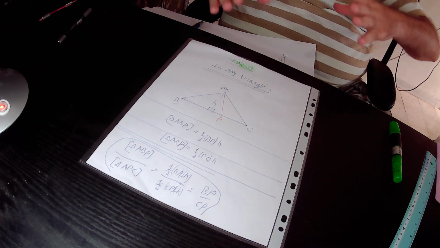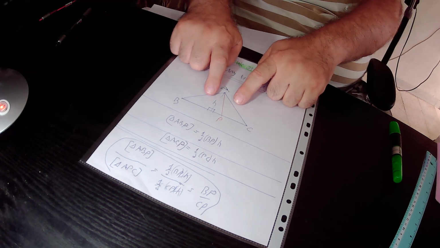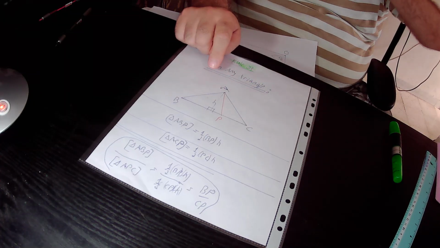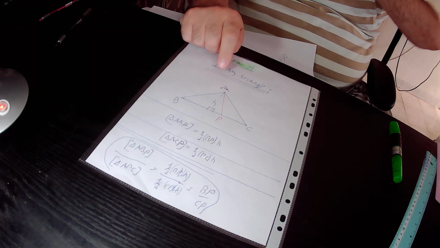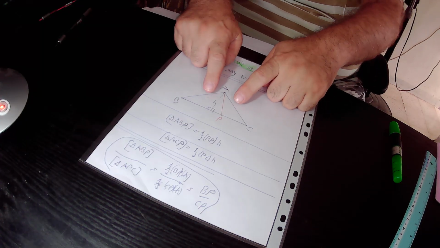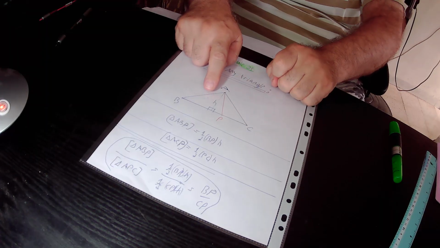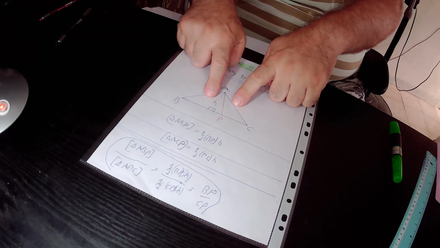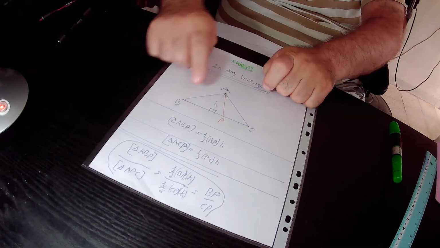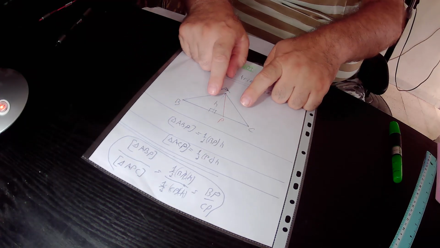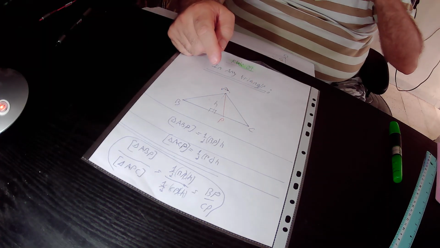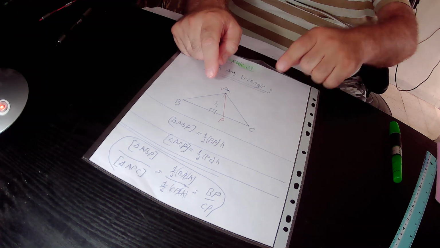Rule 23 talks about those two small triangles that were created by drawing line segment AP in triangle ABC from the vertex A. According to this rule 23, what is the ratio between the areas of those two small triangles? It is the area of this triangle ABP over the area of this triangle APC. The ratio between the areas of those two small triangles is equal to the ratio between their corresponding bases.